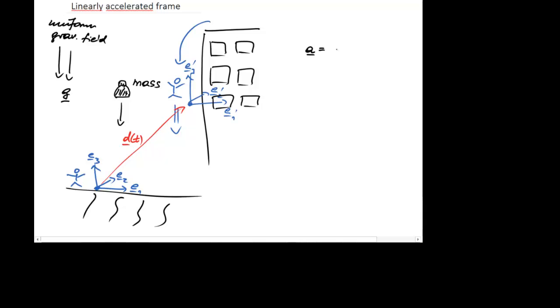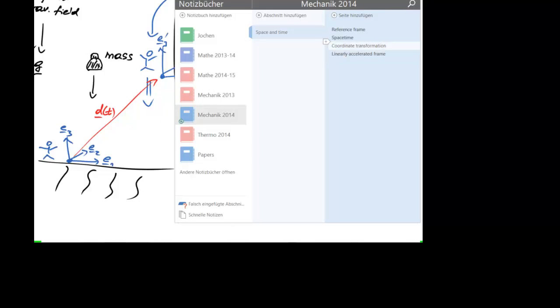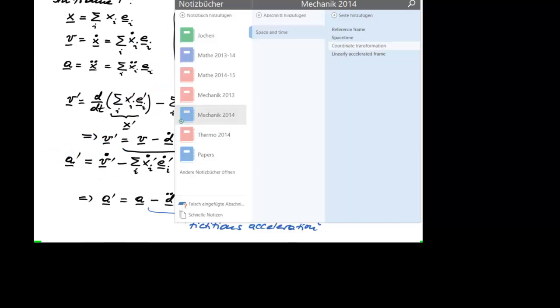The acceleration that my colleague sees, A prime, is, according to the general formula that we had on the previous page, let's look at these terms one by one. So my colleague sees A, which is g, minus d double dot. This is non-zero, and it's also g, because if my colleague falls with the same acceleration as the mass, then it's also g.